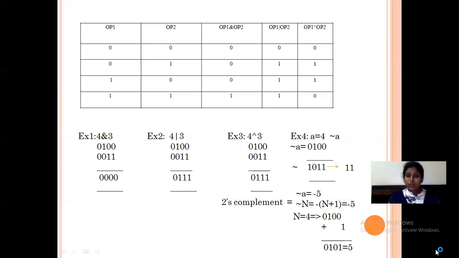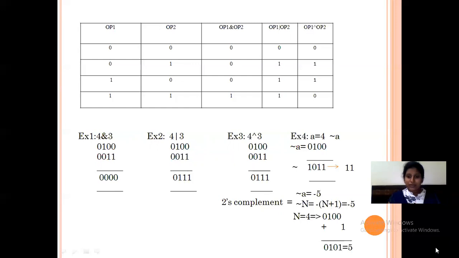Negation of n is equal to minus of n plus 1. If the value of n is 4, you need to add 1 to the value of 4, then you will be getting the value as 5. So the binary value of 0101 is 5. So you will be getting the value of minus 5 instead of 11 for negation of a, right?